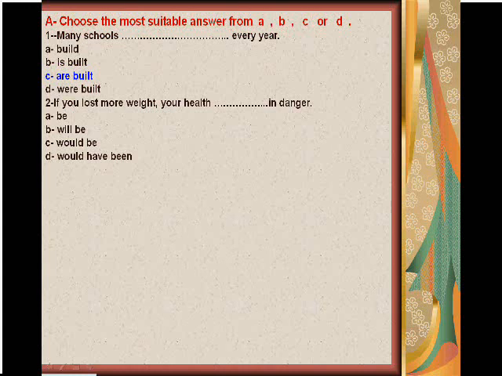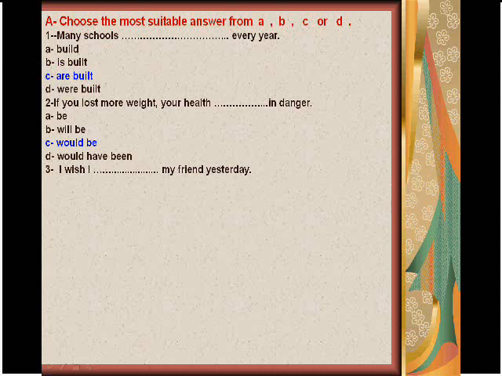So, of course, lost, this is past, right? So, which type should I think about? Yes, sure, I should think of conditional type 2. So, you choose would be. Excellent. Your health would be in danger. So, if you lost more weight, your health would be in danger. Very good.